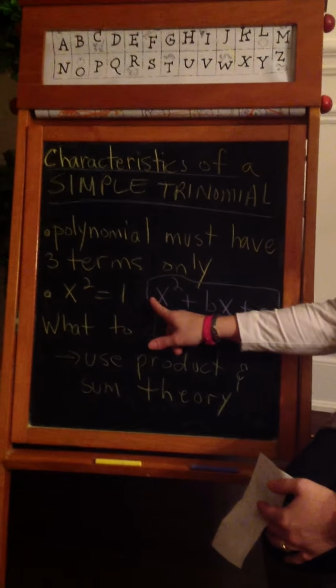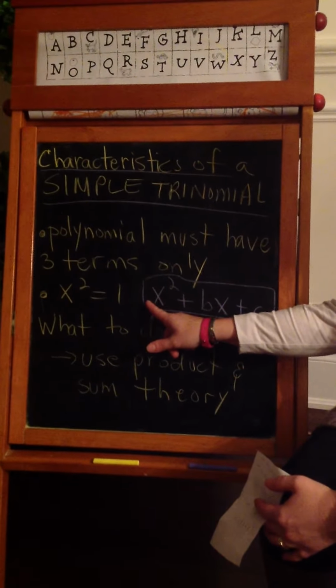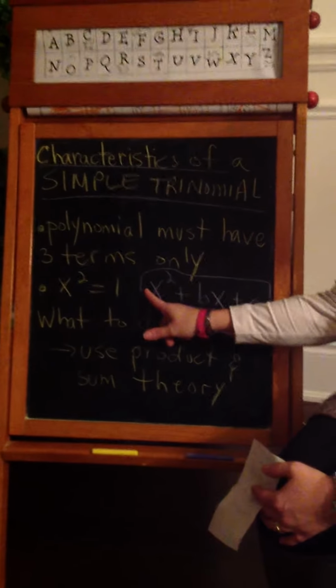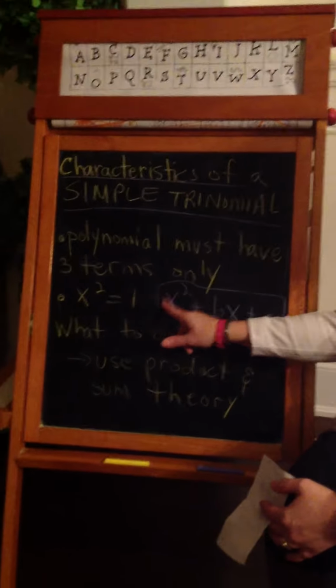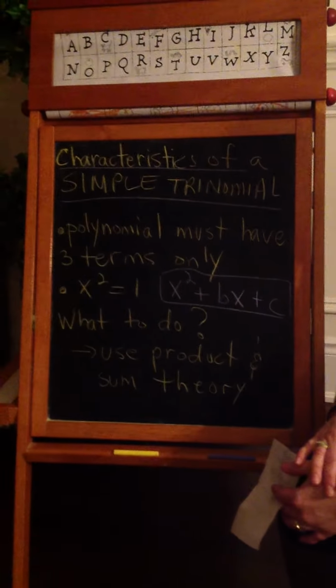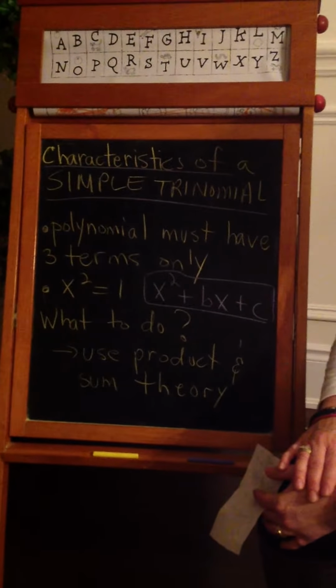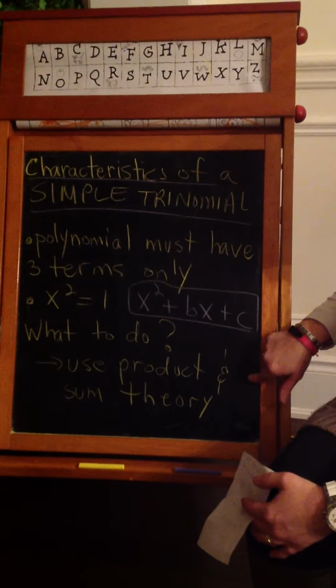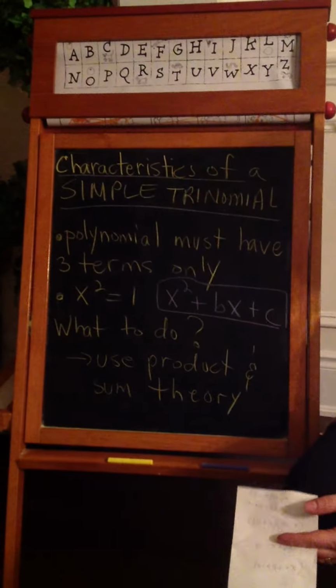And the numerical coefficient in front of the x squared term has to be a 1. That's what makes it simple. So simple, because the x squared term has a 1. Trinomial, there's three terms. So if you decide that it's a simple trinomial, what do you do? Well, you use what we call the product and sum theory. And I'm going to show you how that works right now through some examples.